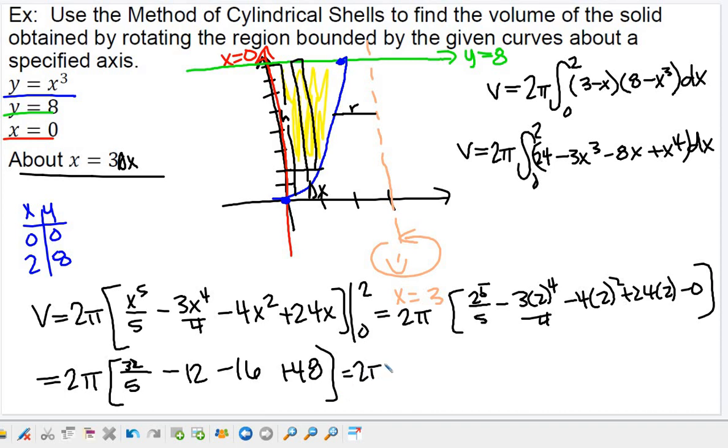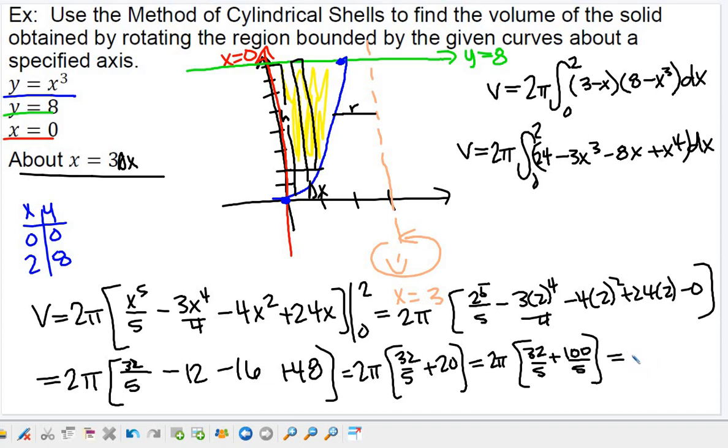So I have 2 pi, 32 over 5, and then we have 12 and 16 make 28, so 48 minus 28 is just positive 20. So a common denominator, we get 2 pi, 32 over 5, 100 over 5.